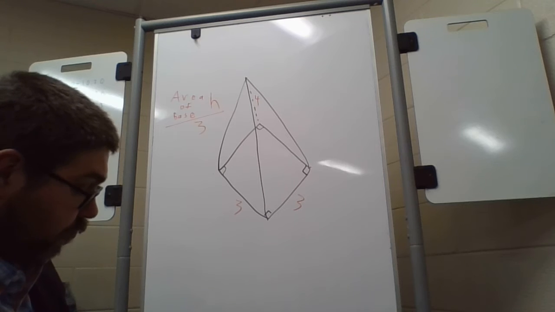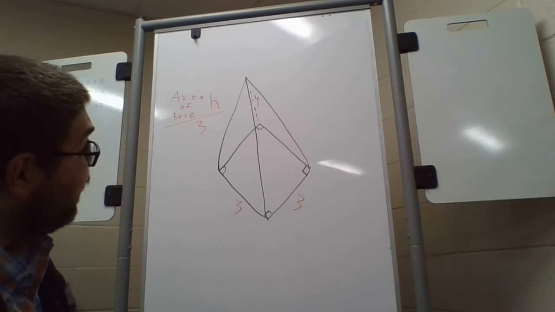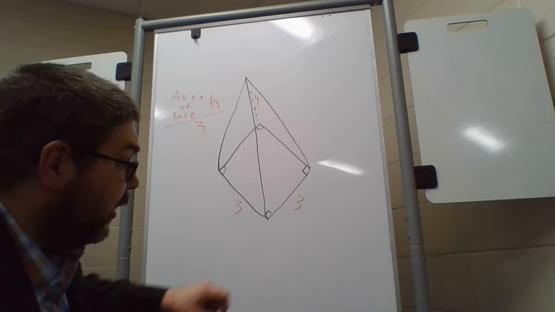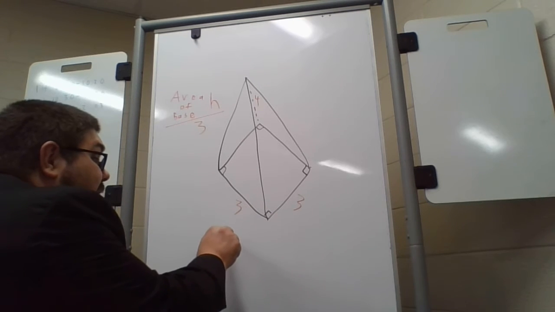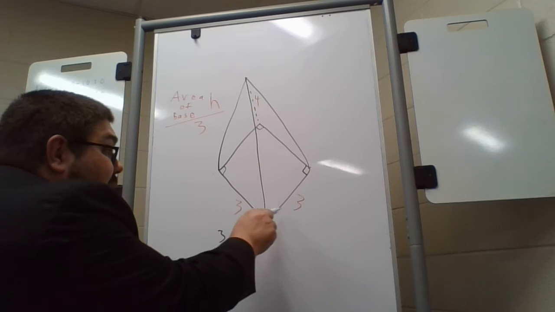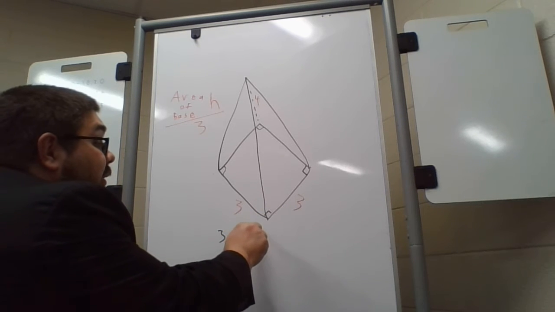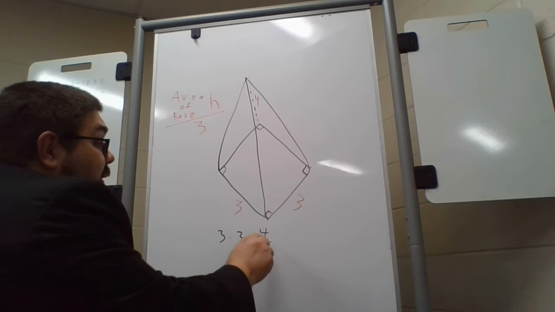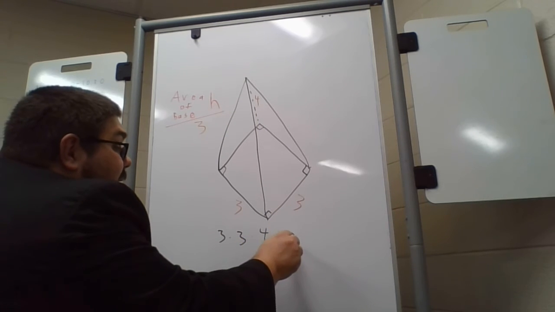Now, to find the area of the base, you just do 3 times 3. Length times width. Times the height, which is 4, and divide that by 3.